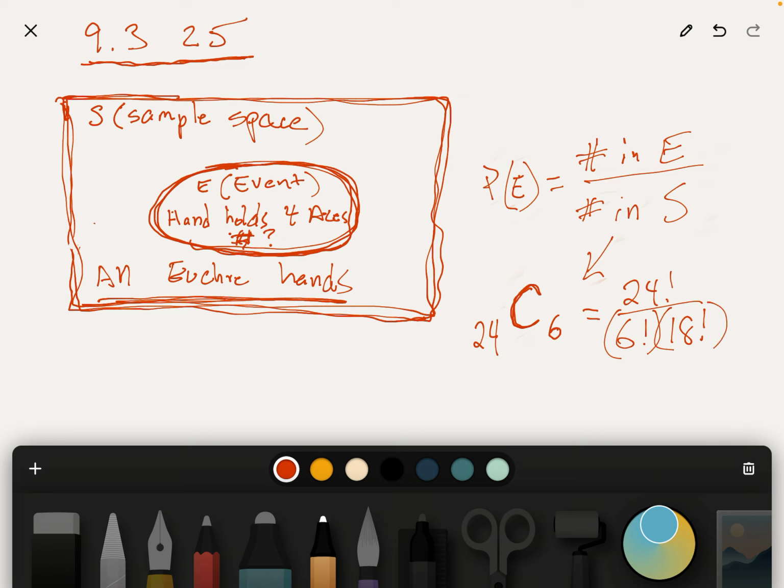That's just the standard formula for a combination, 24 choose 6. Okay, so let's keep that in mind. That's our denominator. And let's go to a new page and we'll look at the numerator.